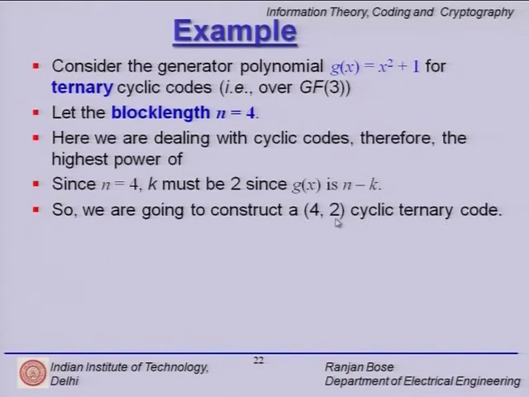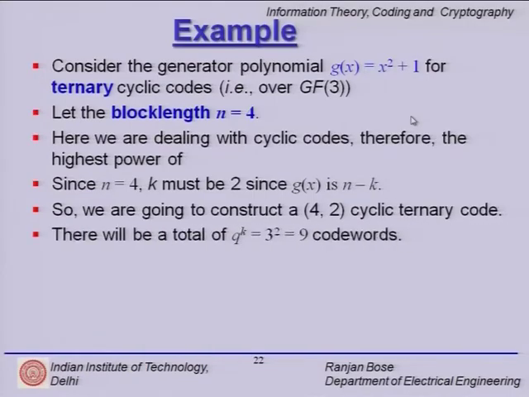This is what we have set out to do, to construct a 4,2 cyclic ternary code with this generator polynomial g of x given as x squared plus 1. Now, if it is ternary and k is equal to 2, then there are a total of q raised to the power k valid code words. Q is 3, k is 2. So, there are 9 code words in our lookup table. This is what we are looking at.